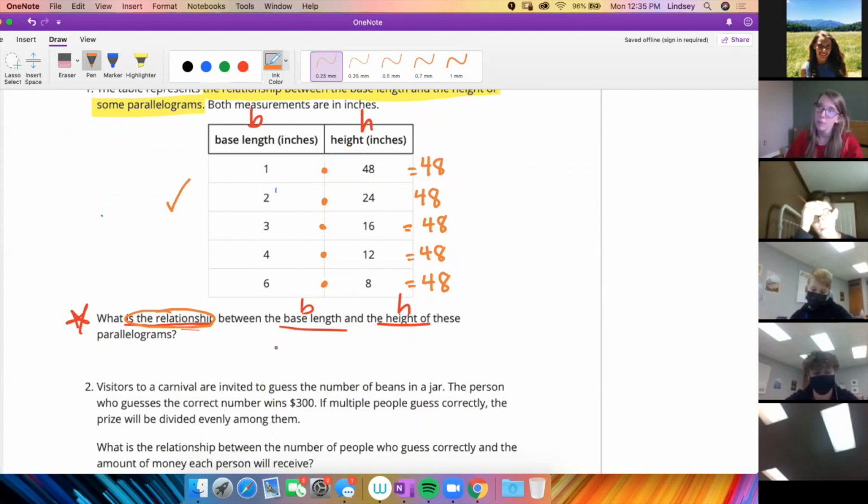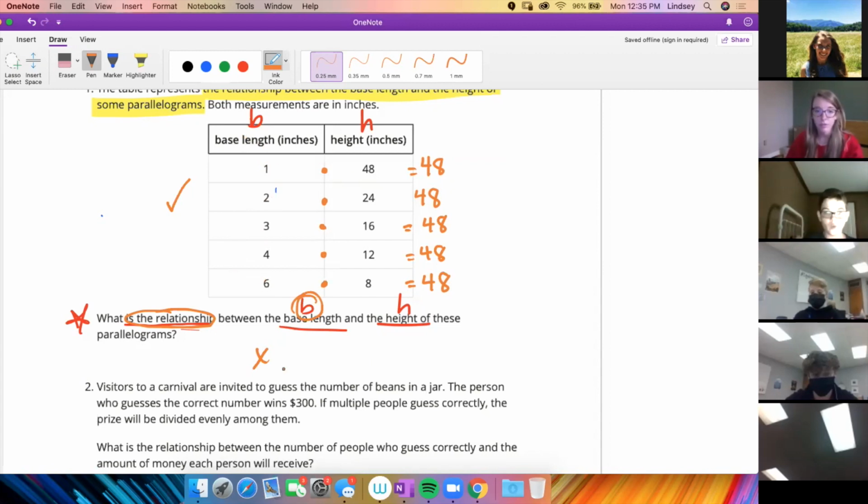What could we put? What if we didn't know what the base length was? What could we use instead? You could just say X. We could say X. All right, then what did we do with our X values?